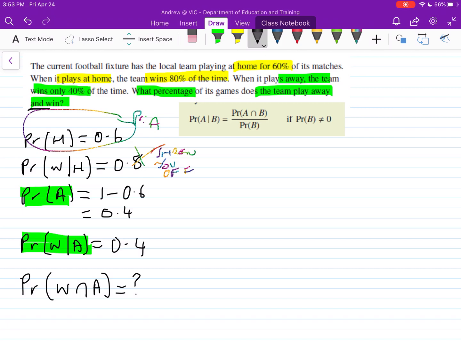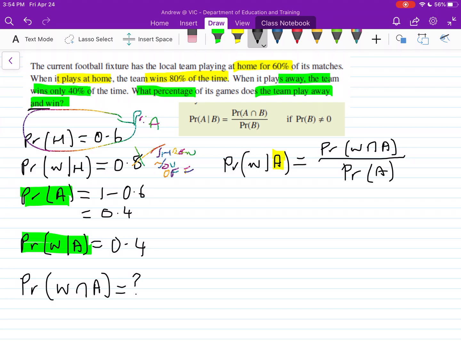So we're going to start off writing out our equation. The probability that they win given that they're away is equal to the probability that they win and they're away. And just remember, it's always over the second value here. So it's going to be the probability of A, that they're away.